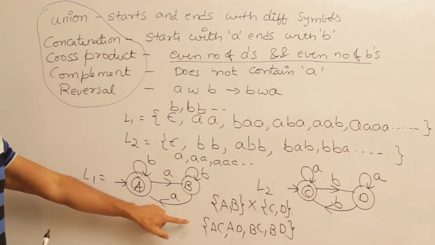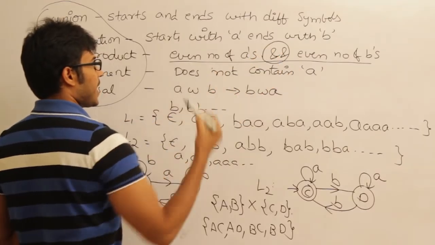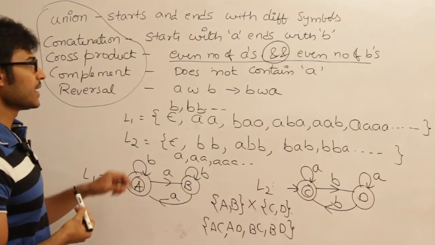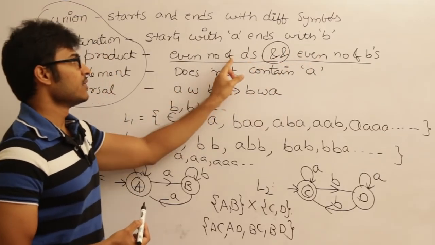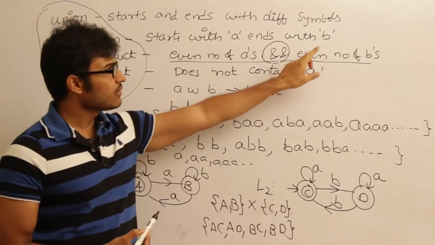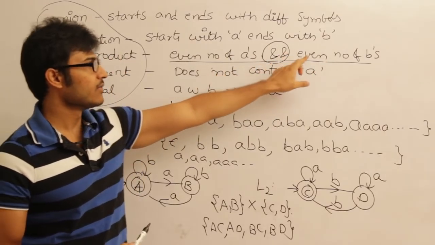Now what I wanted to say is, whenever the question is like this, with and, or, not, something like even number of A's and even number of B's, even number of A's and not even number of B's, which means odd number of B's, or even number of A's or even number of B's.